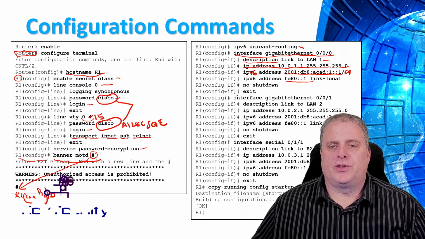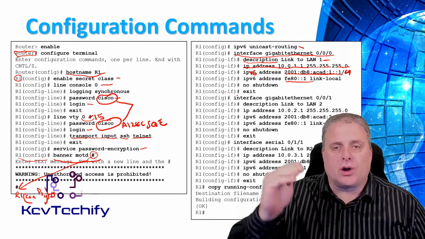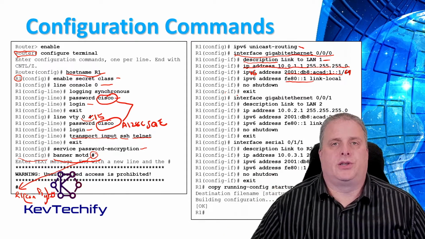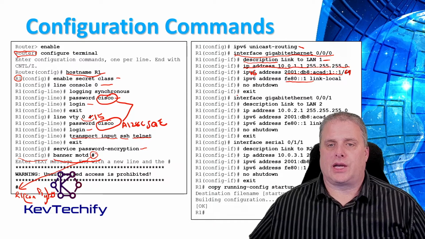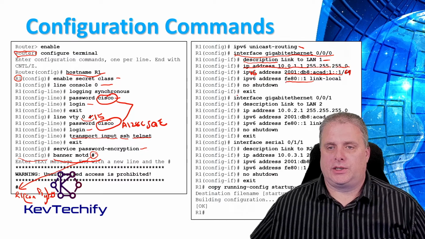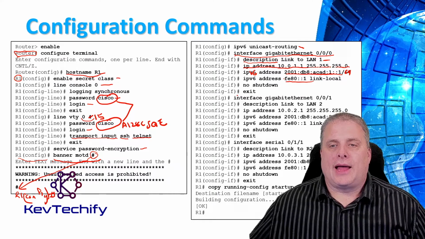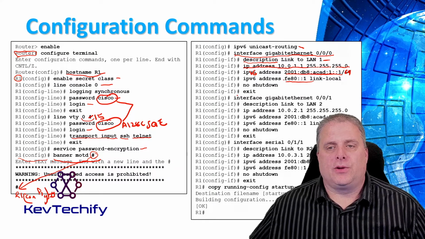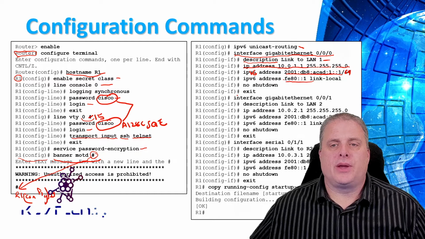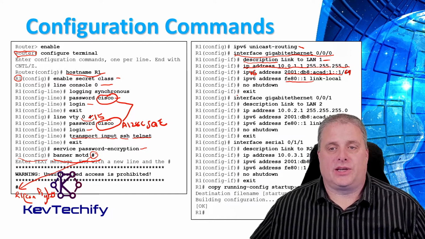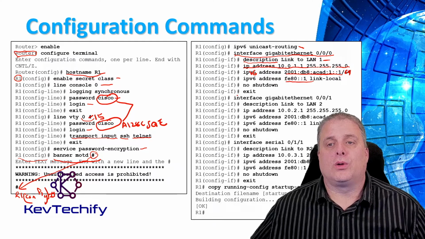When you set your IP version 6 global unicast address, you should always set your link local address. That's what this command right here does. IPv6 address FE80::1. The default gateway for your link local address has been set up to be that address, FE80::1.